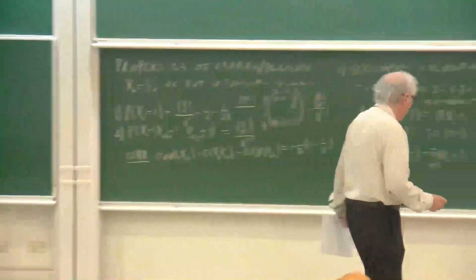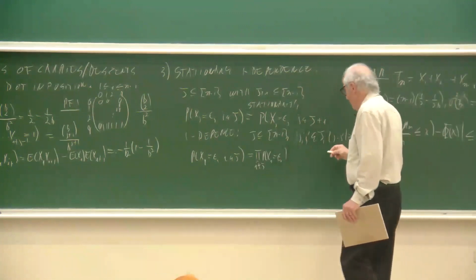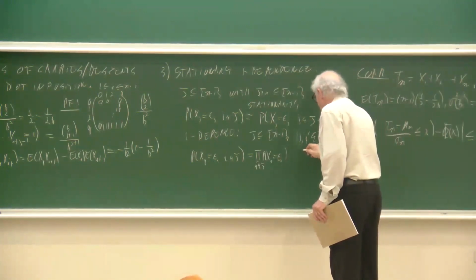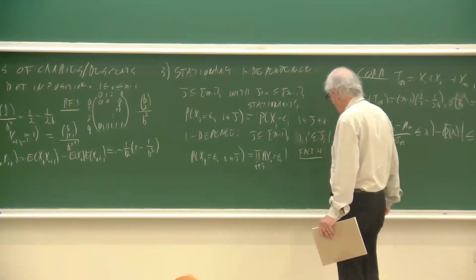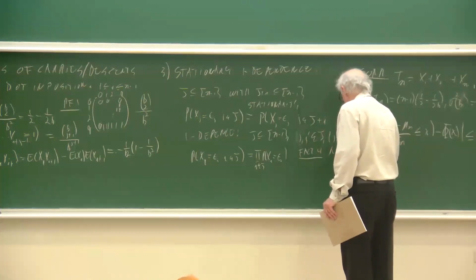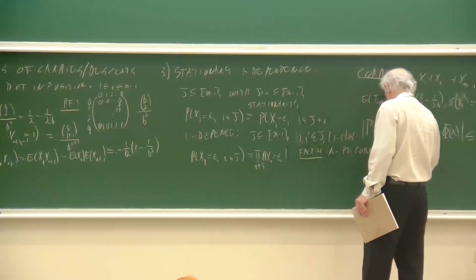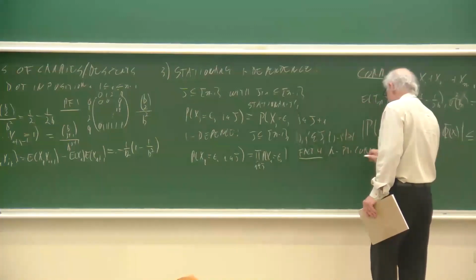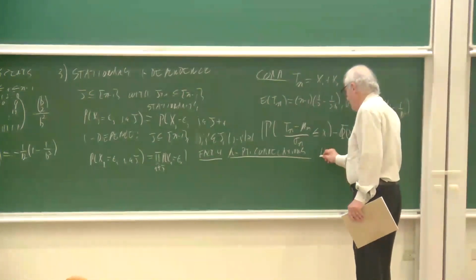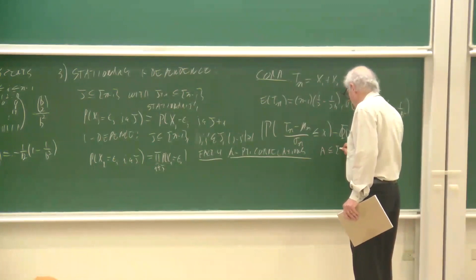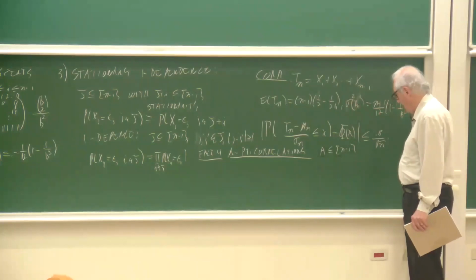Okay, the next one is important a little bit, because physicists use this language. So fact 4, which is k-point correlations. That's what it's called, k-point correlations. And let A be a subset of 1 up to n minus 1, a set of positions of size k.